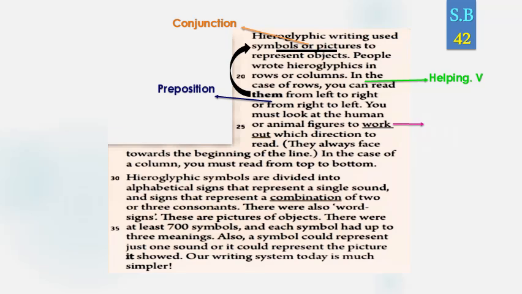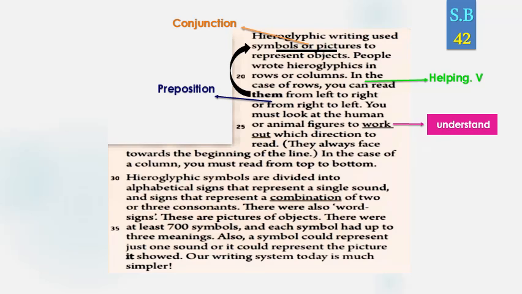So here we have "work out". It is a phrasal verb and it means to understand. So you must look at the human or animal figures to understand the direction of reading.